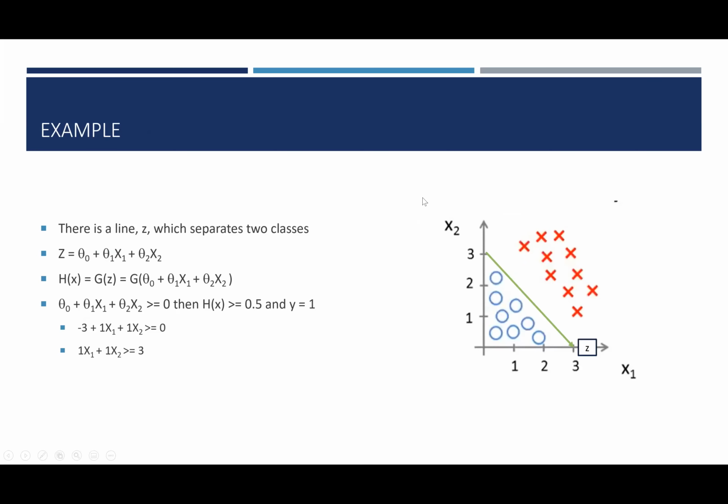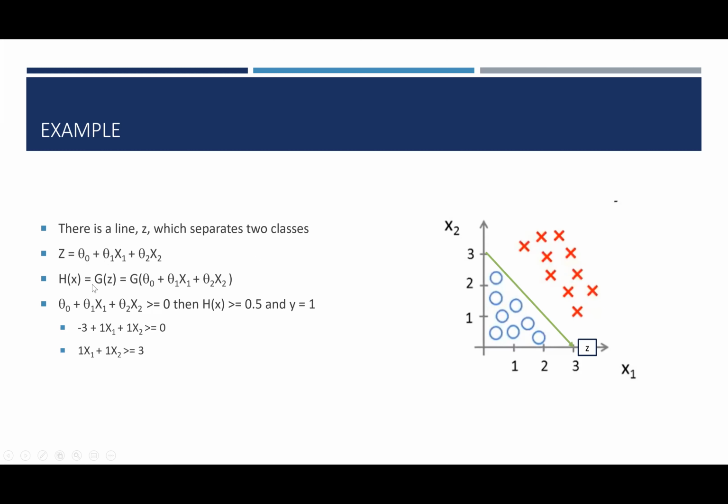So say, for example, you have a data set that looks like this. You clearly have one class over to the side of this line and another class underneath it. Here, the line is z, and z is of the form theta 0 plus theta 1 x1 plus theta 2 x2.